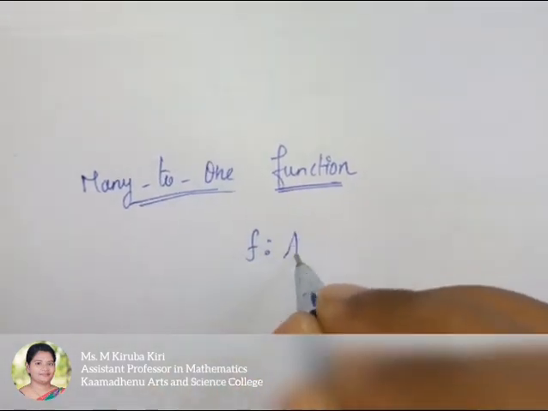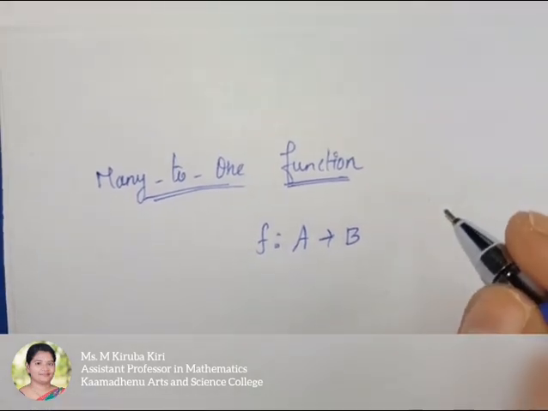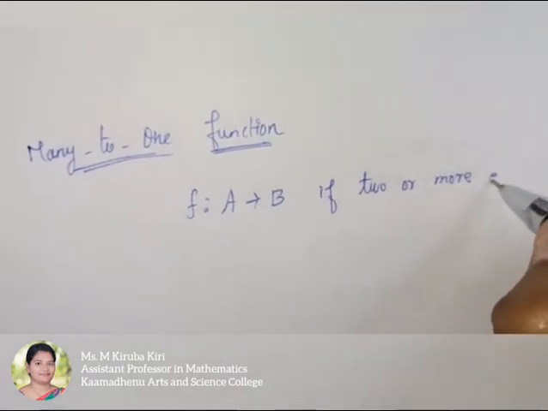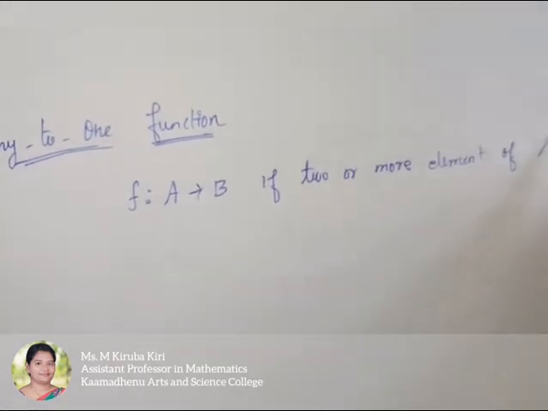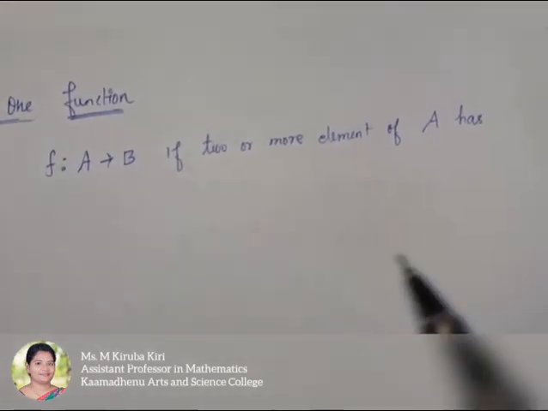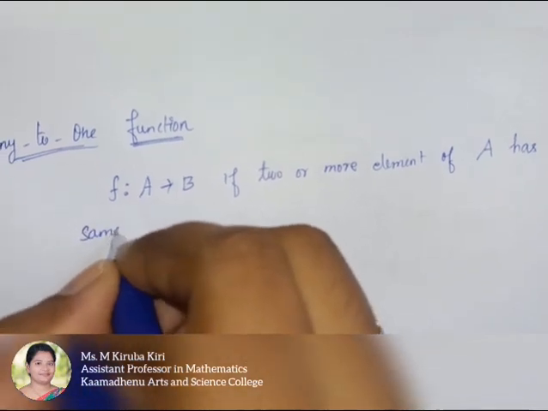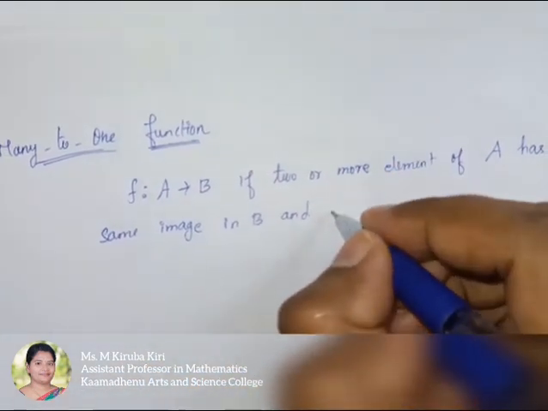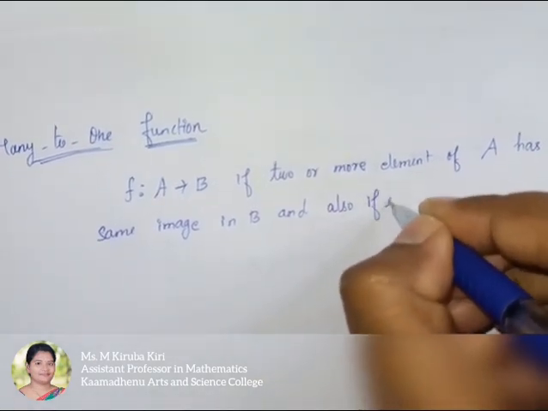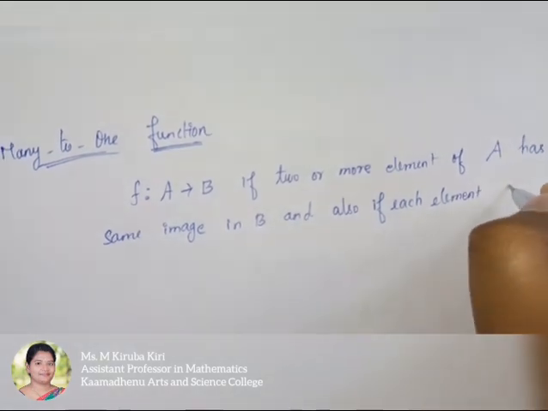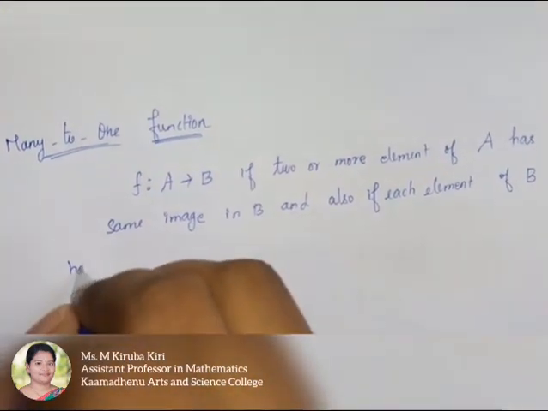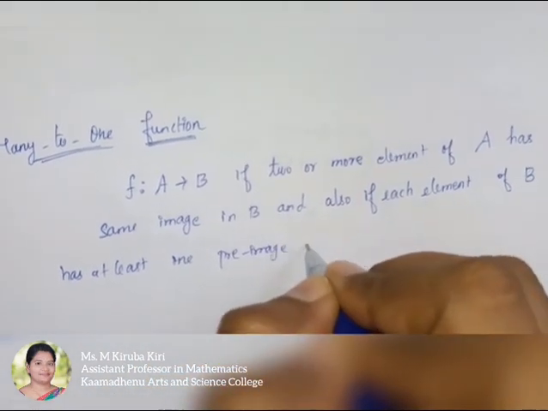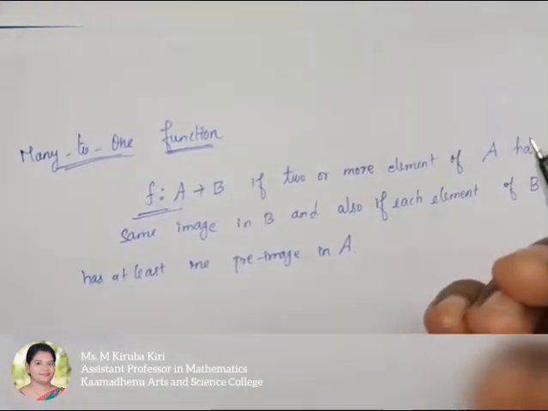A function f mapping from set A to set B is said to be many to one function if two or more elements of A have the same image in B, and also if each element of B has at least one preimage in A, then only f is called many to one function.